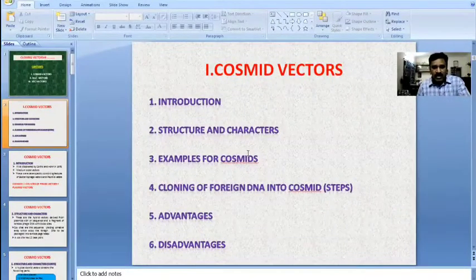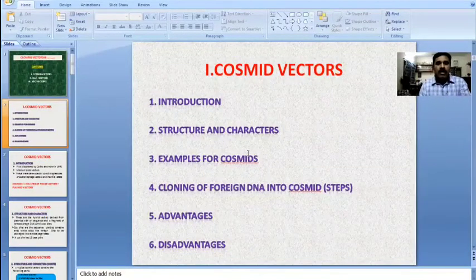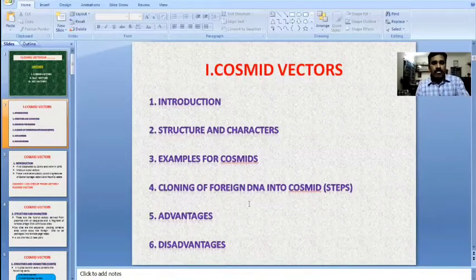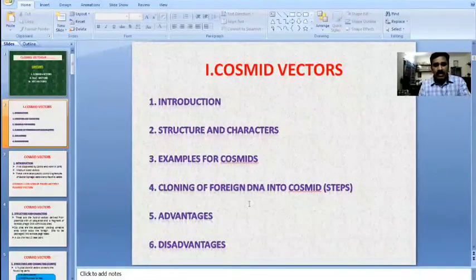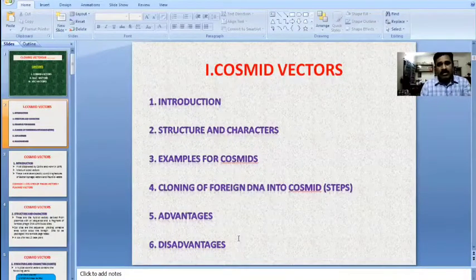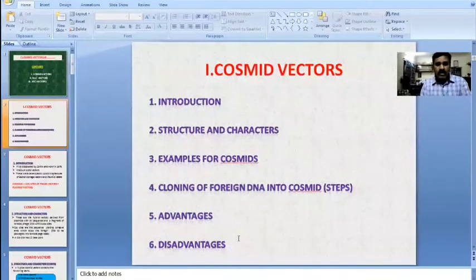Second one is the structure and characteristic features of cosmid vectors. Third one, examples for cosmid vectors. Fourth one is the steps to cloning of foreign DNA into these cosmid vectors. Fifth one is advantages of the cosmid vectors. And the last one is the disadvantages.